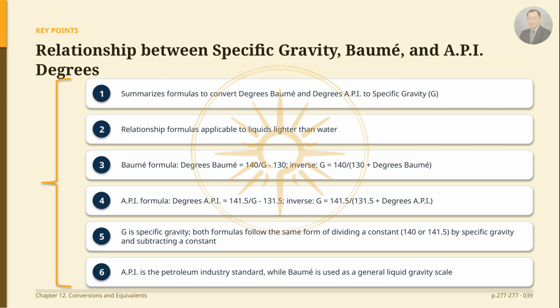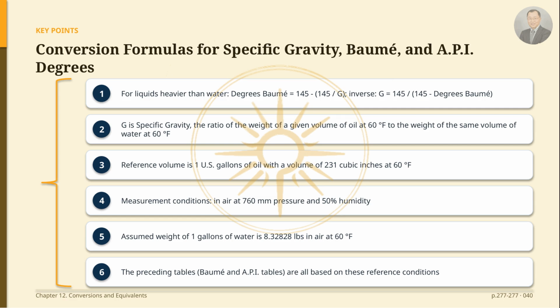This slide contains the conversion formula between specific gravity and degrees Baume, along with the reference conditions used for the calculation. For example, the degrees Baume for liquids heavier than water is calculated by subtracting the specific gravity divided by 145 from 145. Here, specific gravity refers to the weight ratio of oil to water at 60 degrees Fahrenheit.